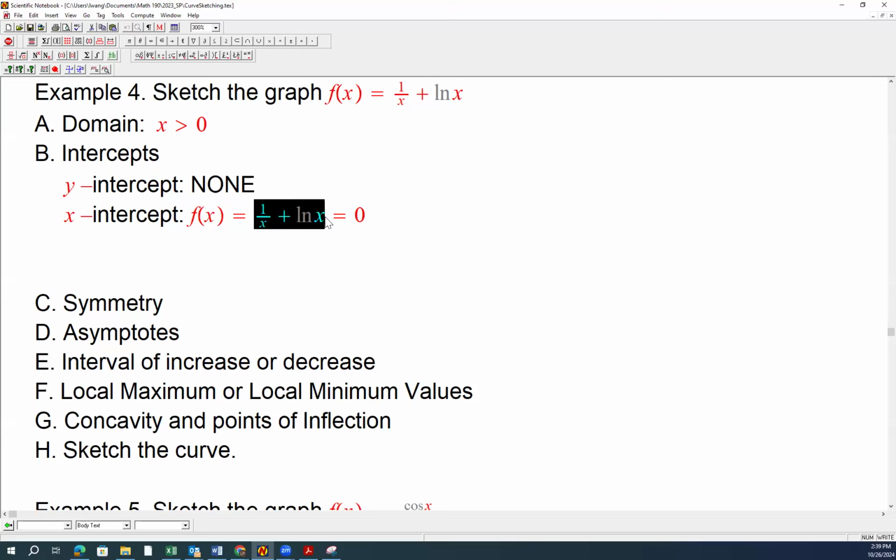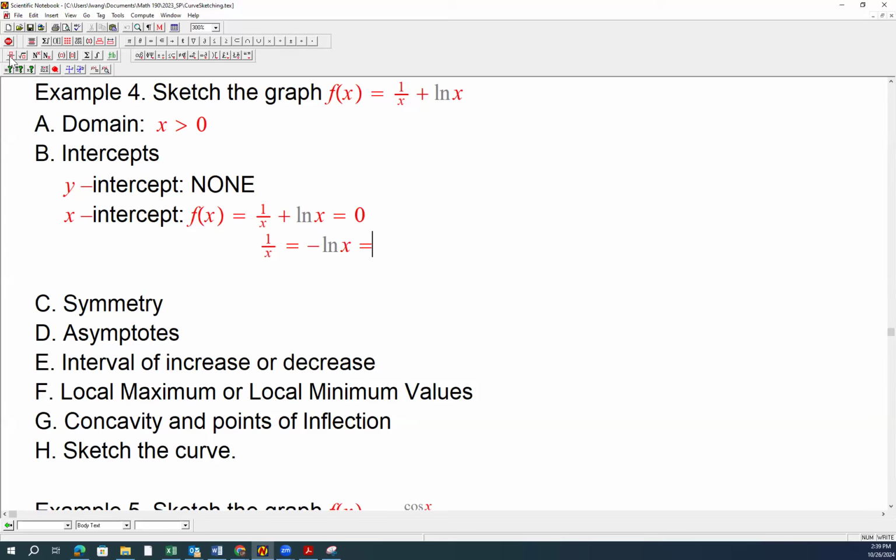We set y equal to 0, and then we get 1 over x equals negative ln x.